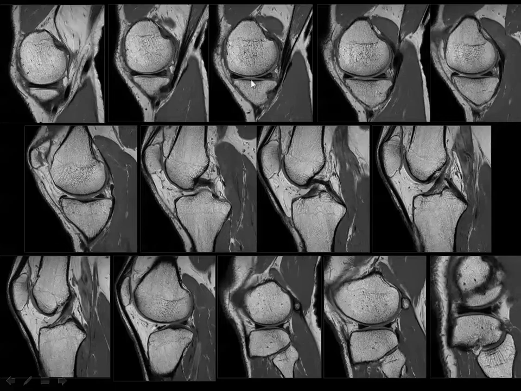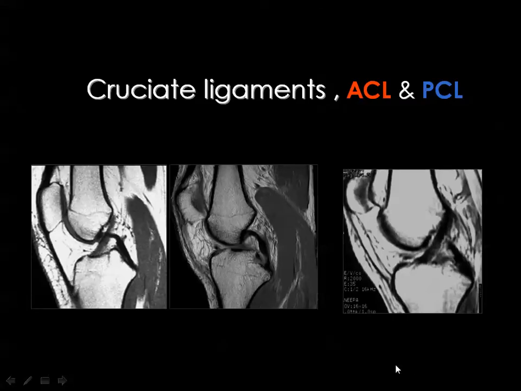And you know that this is the medial meniscus and this is the lateral meniscus because of the fibula, the shape of the tibia, and the equal appearance of the anterior and posterior horns.